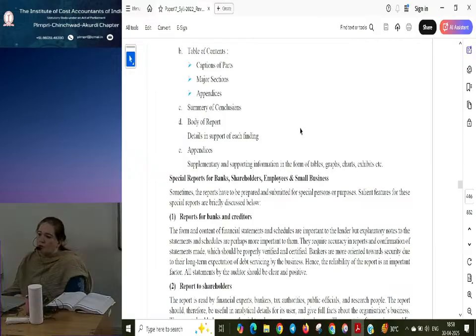Those are all the footnotes of the final statements, which are very important for lenders. If the contingent liability arises, how is the company going to tackle it, or what liability do they foresee in future? Because all this is going to affect the repayment of principal and payment of interest on time. So depending upon the user of the report, the data should be populated in such a way that it makes sense to the user.